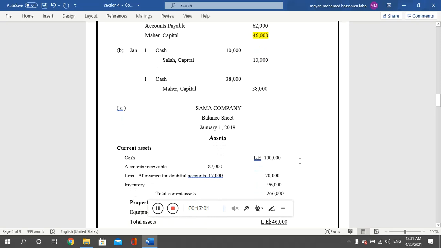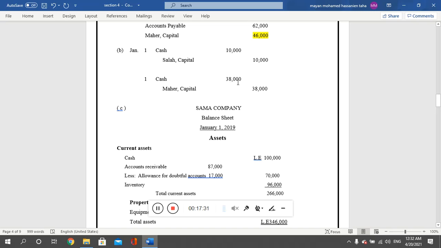So the assets, let's take cash for Salah from the trial balance. It was $28,000. Maher will transfer cash from the trial balance by $24,000, and Salah will make an additional cash investment, as we said in the last point, number B, by $10,000, and Maher will make an additional investment by cash by $38,000.